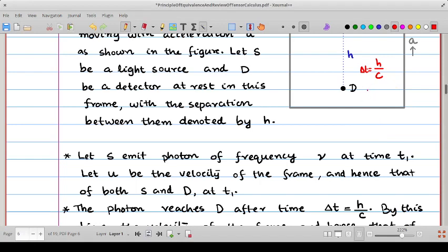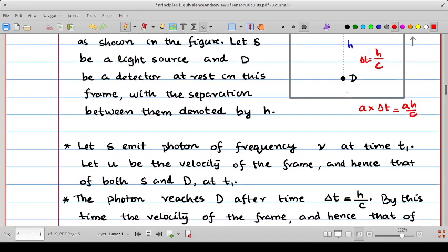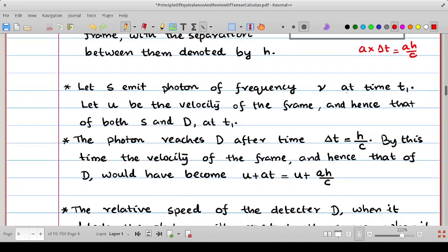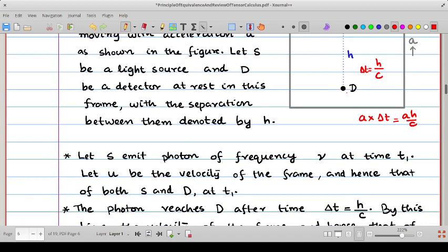During the time delta t, the additional velocity acquired by the frame of reference is simply given by a times this time difference delta t, which is equal to a h by c. So by the time the photon emitted by the source S reaches the detector D, the velocity of D would have increased by an amount equal to ah by c.